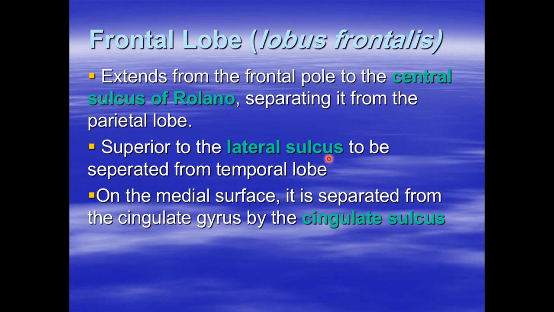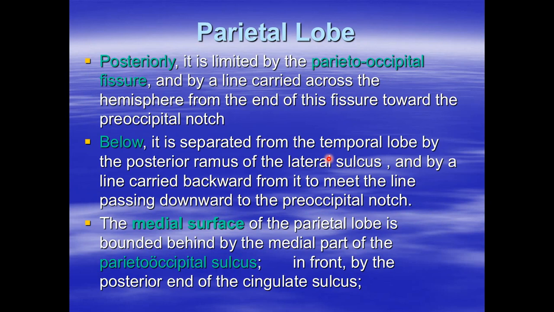And on the medial surface of the cerebral hemisphere, it is separated from the cingulate gyrus by what's called the cingulate sulcus. We will see some anatomical images for that.